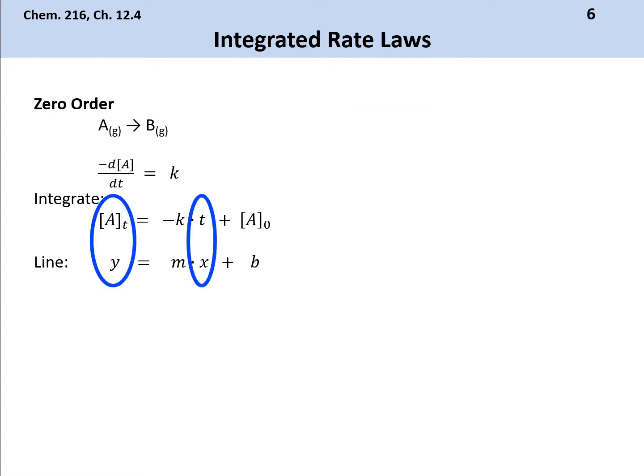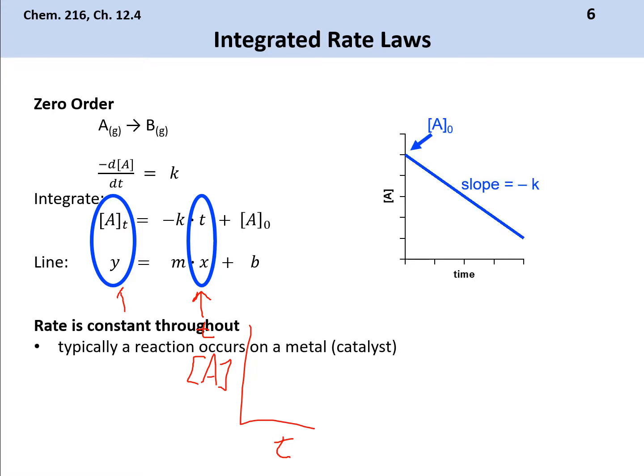So I can look at this and say, if I plot time on my x-axis and concentration on the y-axis, what I'm going to get is a straight line, something like this.